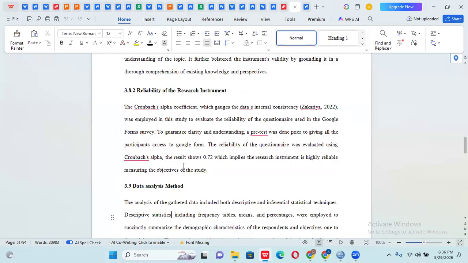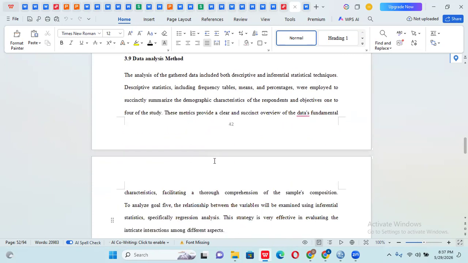Okay, so I'm looking at the reliability test. The reliability test was carried out and 0.72 was determined. Well, I don't think I can explain that to you right now. Sorry about that, but I just showed it to us. Now, data analysis method. That's where I'm going.